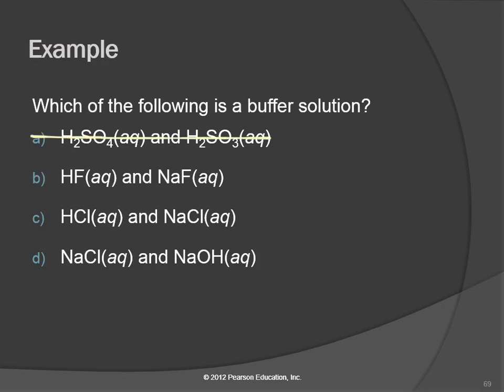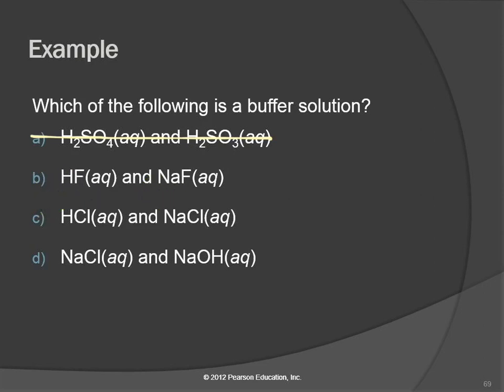So not that one. How about this? HF and NaF. Well, here we have an acid and that's not an acid. Is this a strong acid? It is not a strong acid, it's a weak acid.